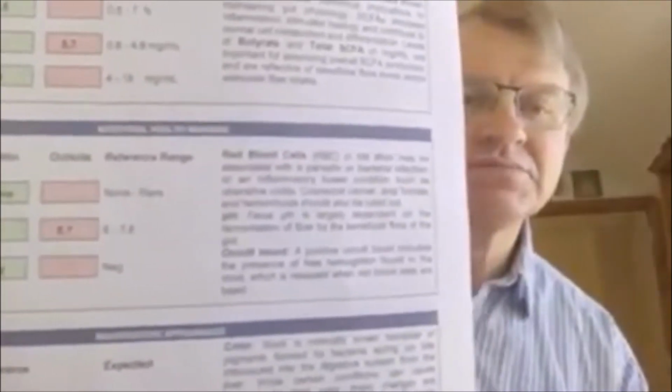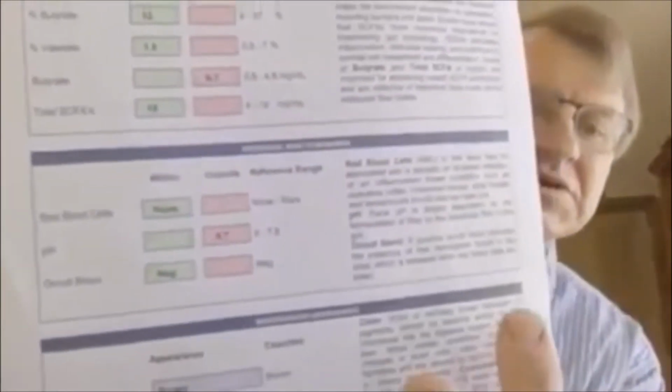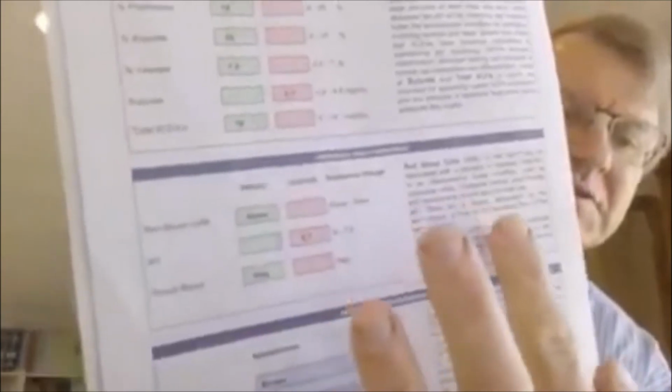So this patient's stool pH is too low. It's 5.6, I think. We'll explain exactly what that means in a minute. Yeah, so this patient's stool pH, you can see here, is 5.7, okay? So we're dealing with this number over here.